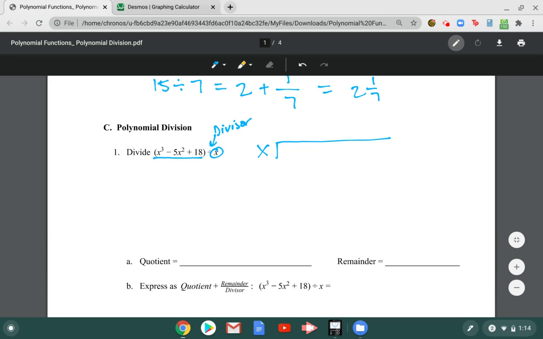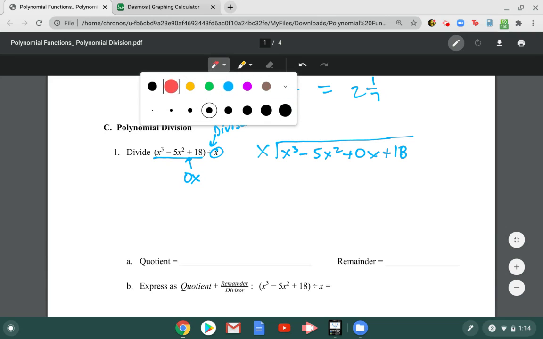So I have a degree 3 term, I have a degree 2 term, but what's missing is this degree 1 term, an x term. So I'm going to go ahead and put that placeholder in, and I've got 0 x's, and for the constant, I've got 18.